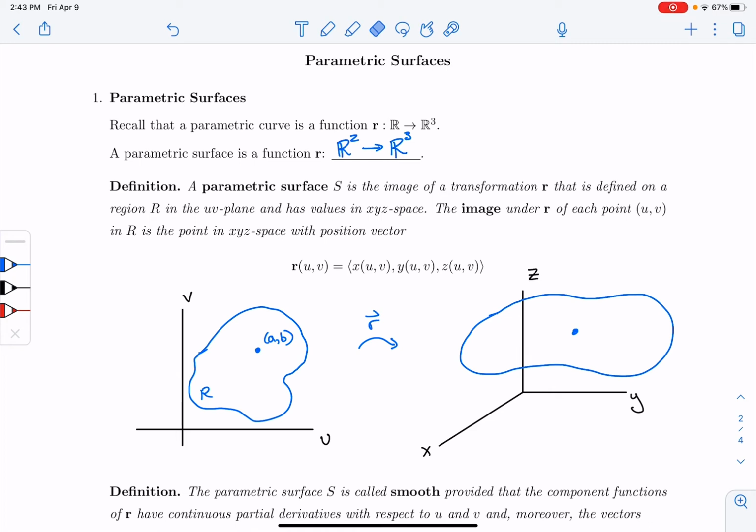So for example, if I let U equal A, then you can imagine that I could travel along points in R where U equals A, and then that will define a curve on my three-dimensional surface.